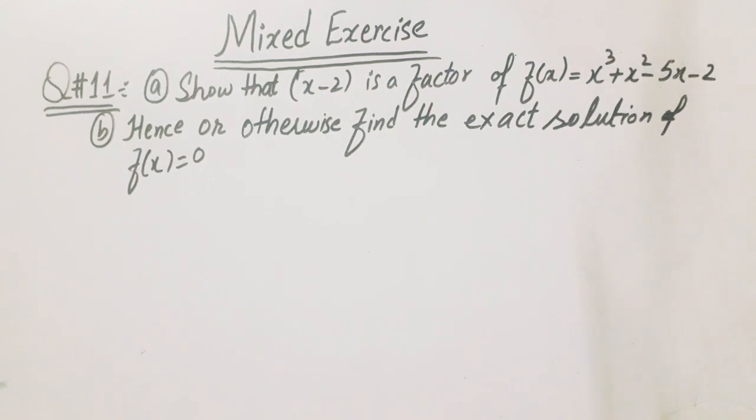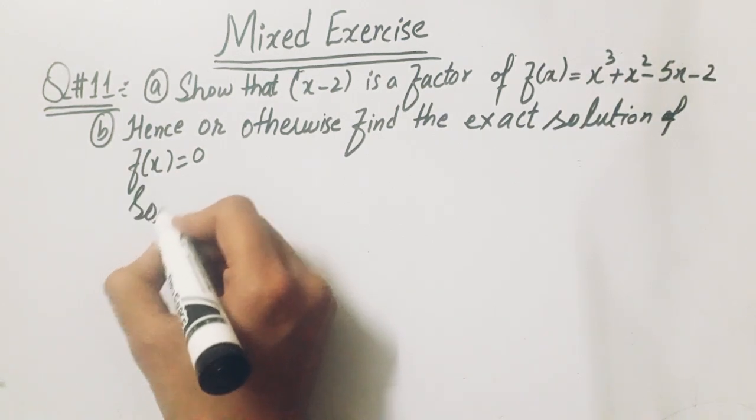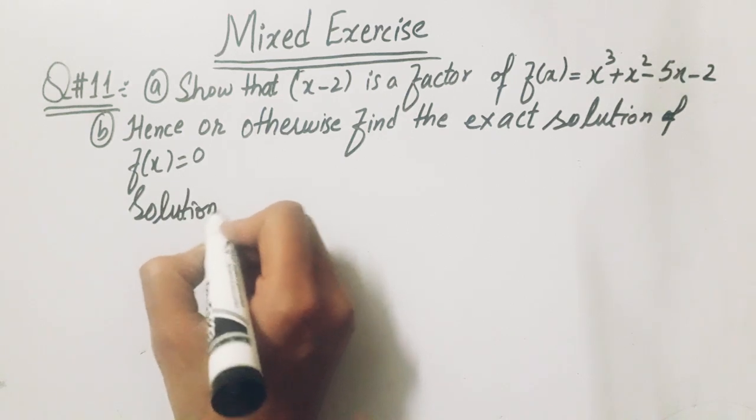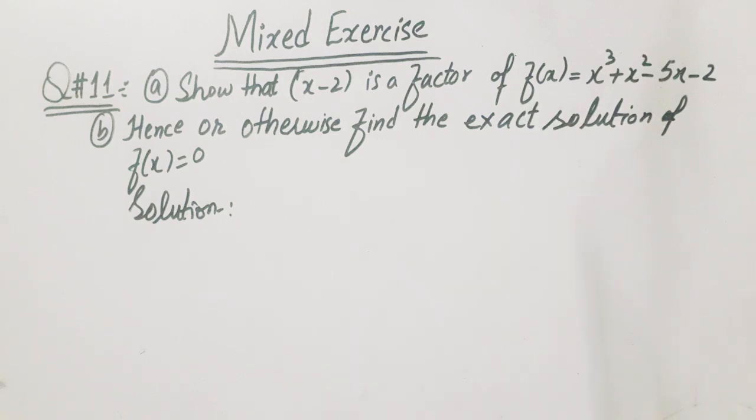Now question number 11 is, show that x minus 2 is a factor of f of x, and in the B part you will find the exact solution of f of x is equal to 0. Now we will solve this. First of all, put x is 2, then find the answer.